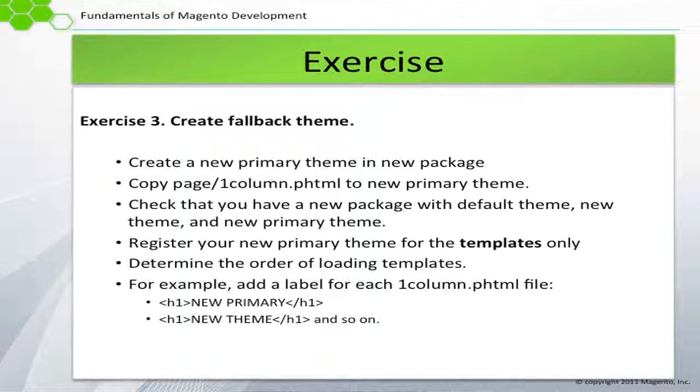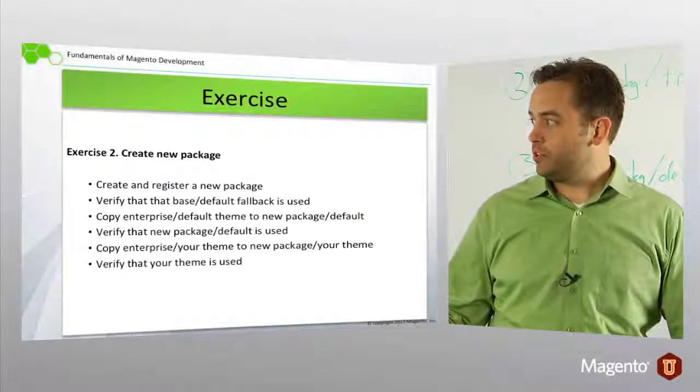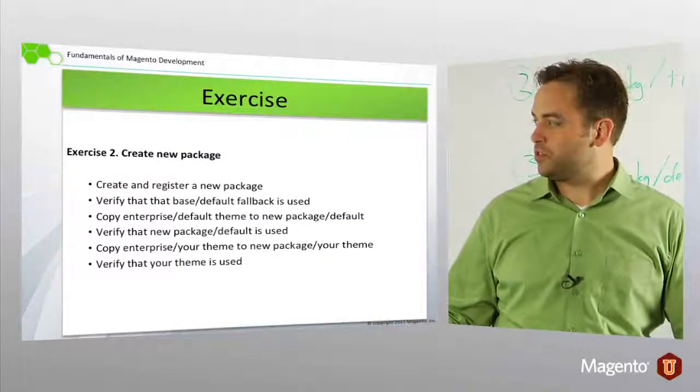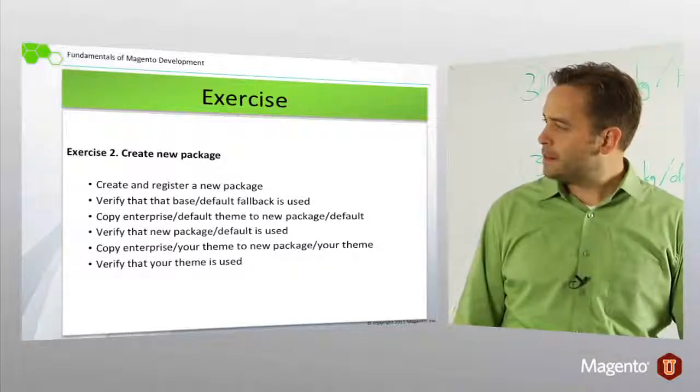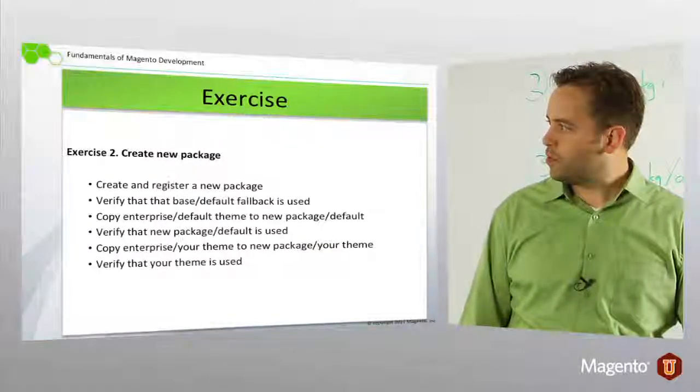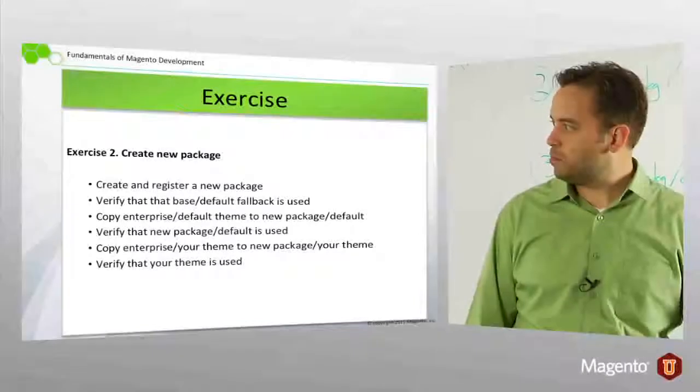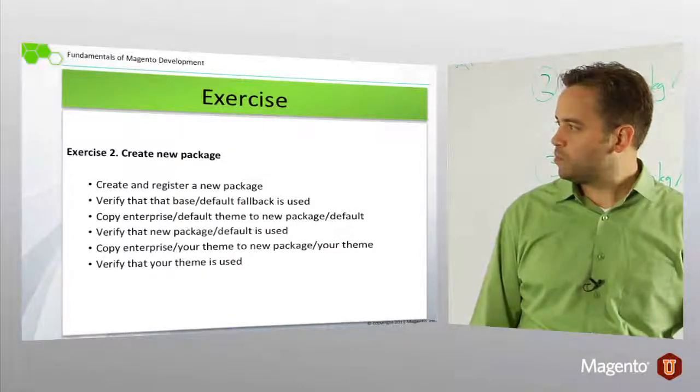All right, create a new primary theme in the new package. Copy page, one column, new primary theme. Okay. Well, we saw that the package default was used. Let me see. Copy enterprise theme to new package theme. Yeah, you didn't do that.